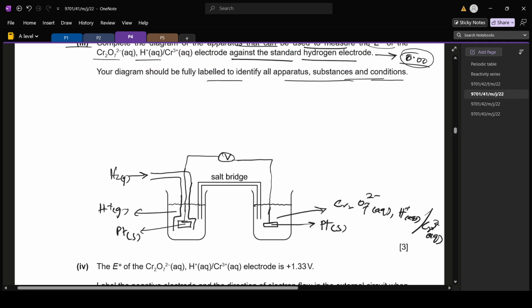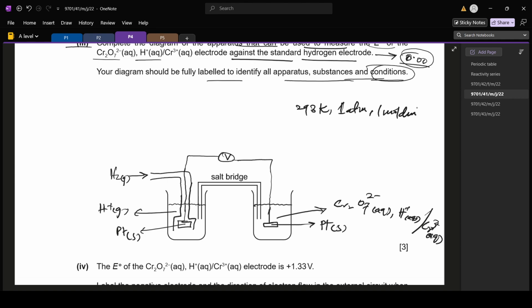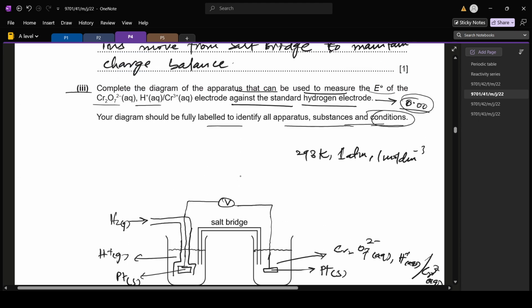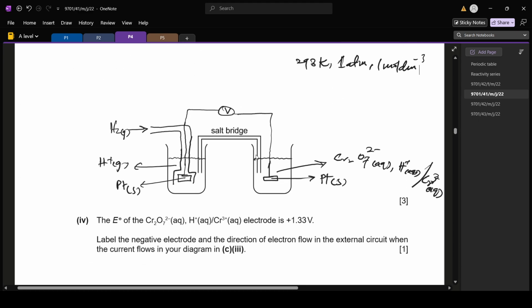What are the standard conditions? The question told you to include standard conditions: room temperature in Kelvin, 1 atm pressure, and 1 mole per dm cube concentration. These are the standard conditions to measure the standard electrode potential of any half cell.